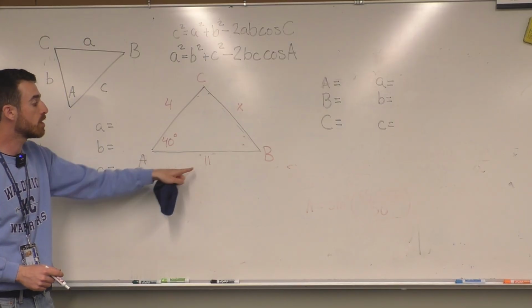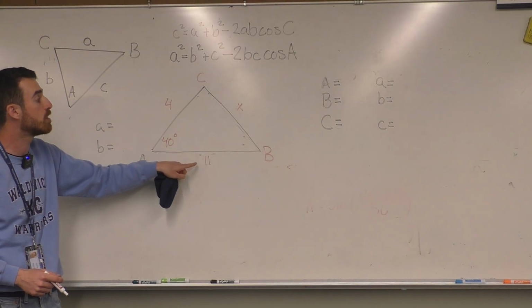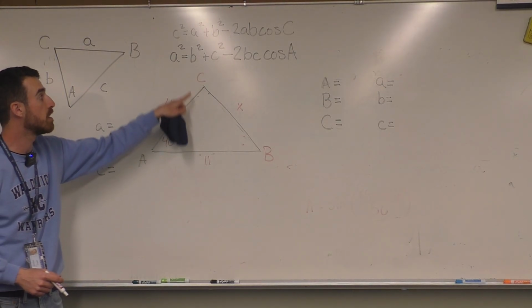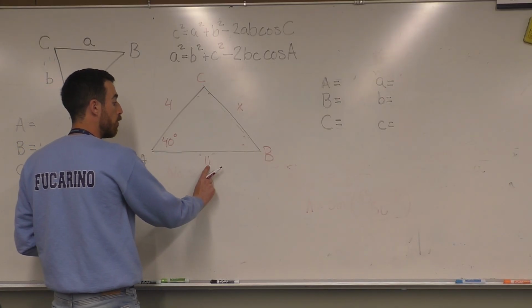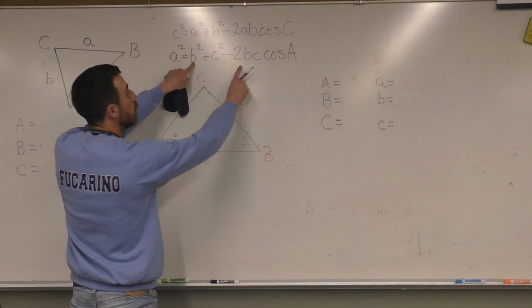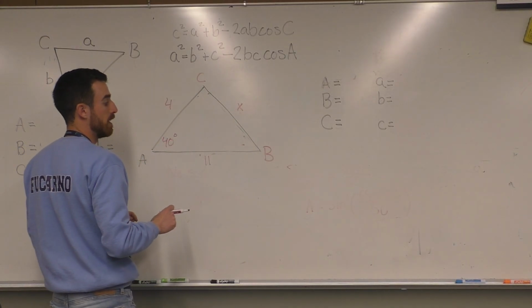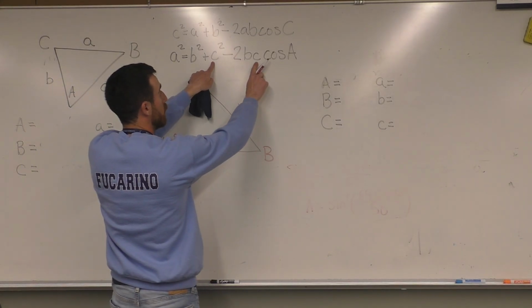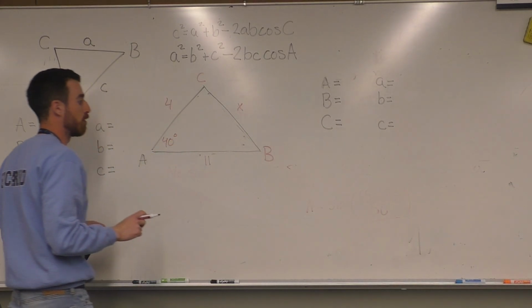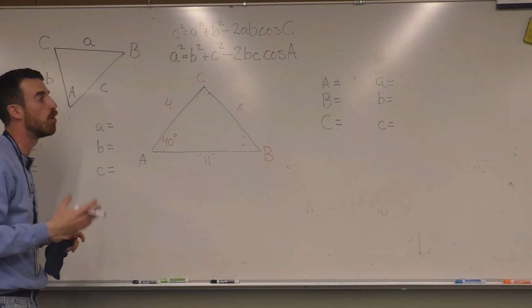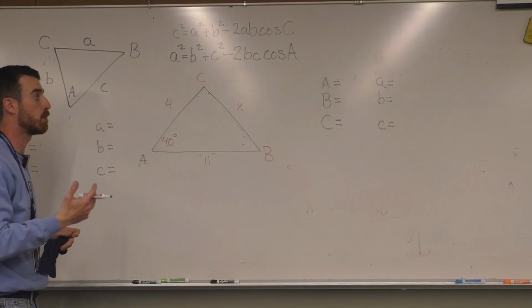That's because that side in question shows up in two different places in the equation. So if I didn't know this side length right here, it would be here and there. And that's not really what we're trying to do because we can't solve that as easily just by isolating.